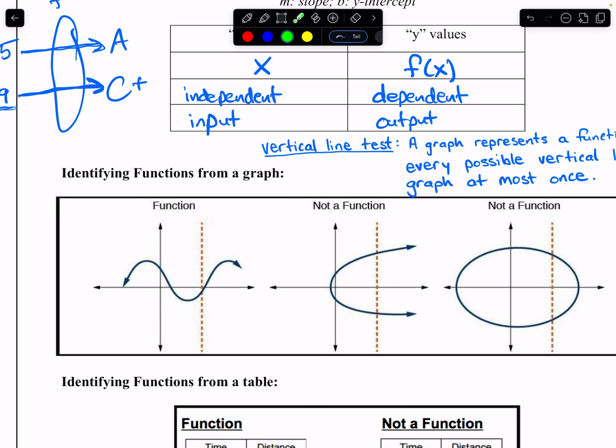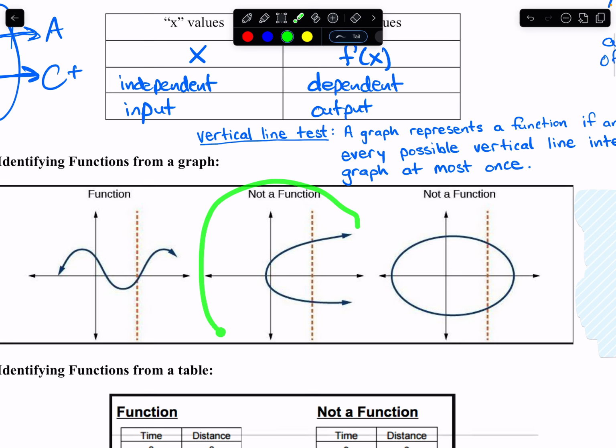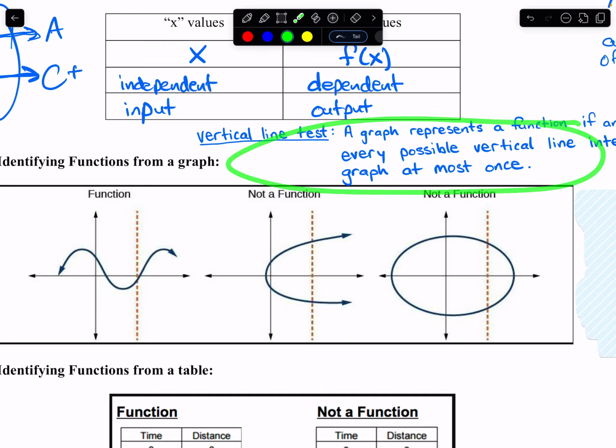In contrast, this would not be a function, and you don't need to visualize a bunch of different lines. As long as you find one line that breaks this rule, then you can say, okay, it's not a function. So here's one vertical line that crosses the graph twice, and that means it's not a function.